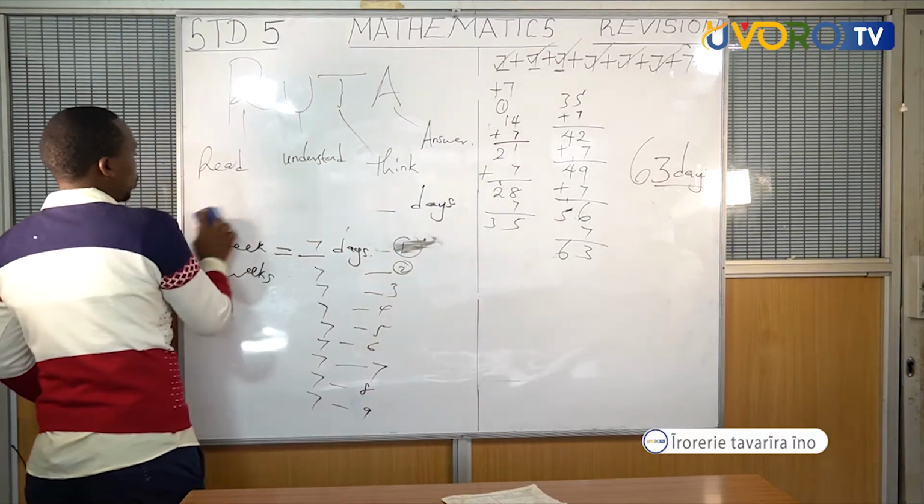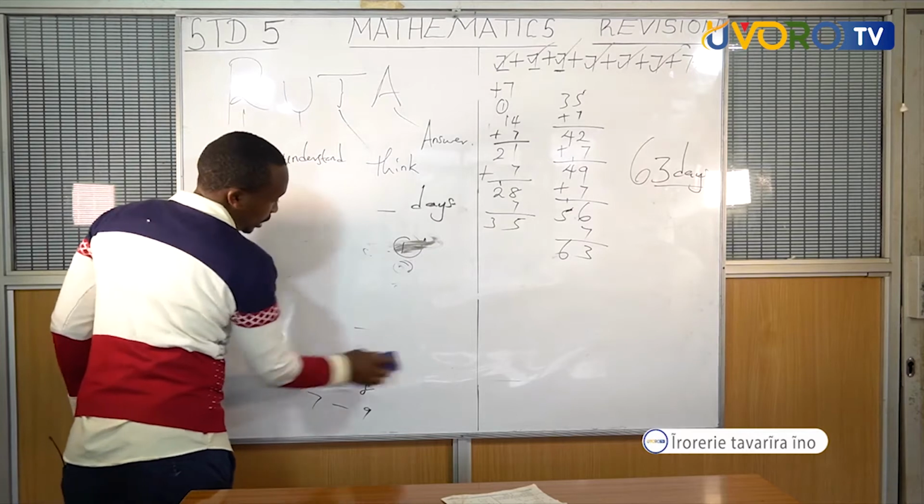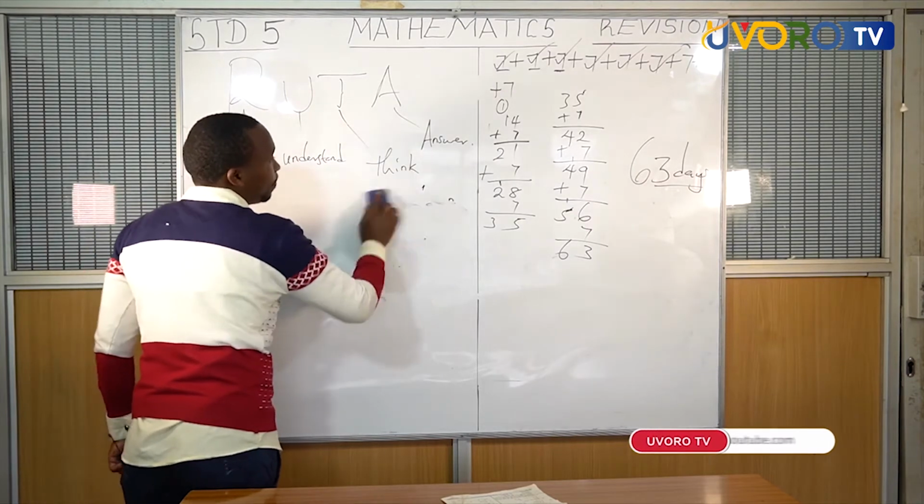Now, we go to question number 42, class 5s. Question number 42, that is where we are.